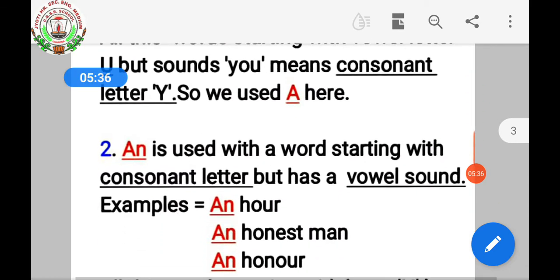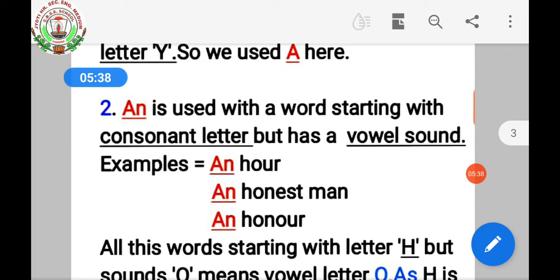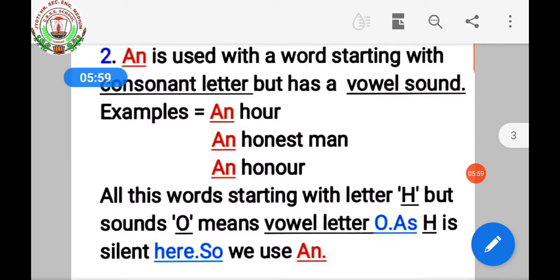Okay. The second point. An is used with a word starting with a consonant letter but having a vowel sound. If some word starts with a consonant letter but a vowel sound is coming, you simply put an here. Now see the example. An hour, an honest man, an honor.